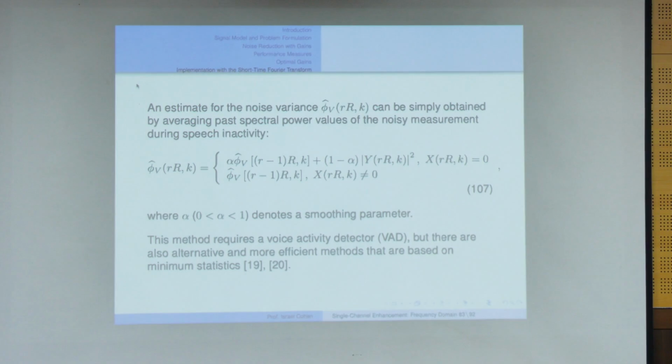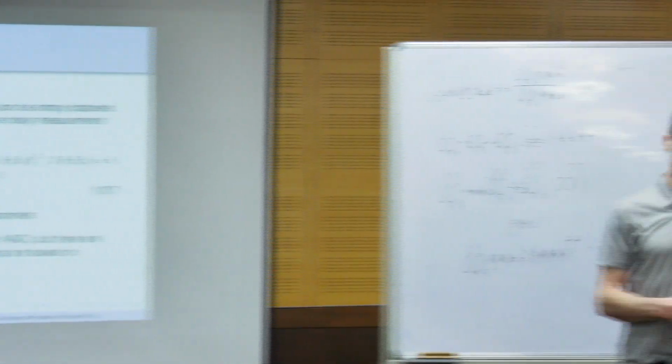Yes. But if the variance of the noise does not change, and you know that you didn't transmit a signal, so you know some intervals where you don't have the desired signal, you can get an estimate of the variance, which is okay, right?